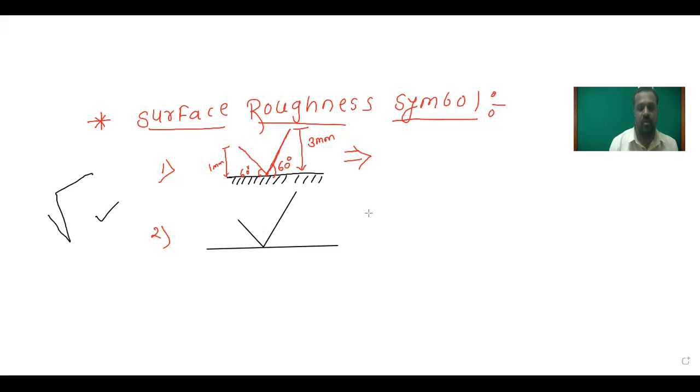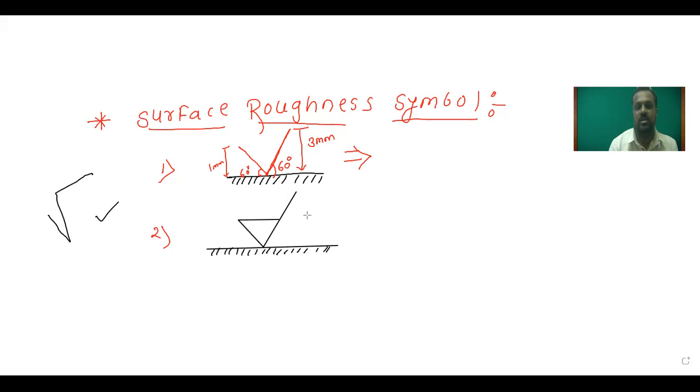See, this line is your surface. And in this symbol, we have to close both the lines. So I will take another line here. See, this is the second symbol.